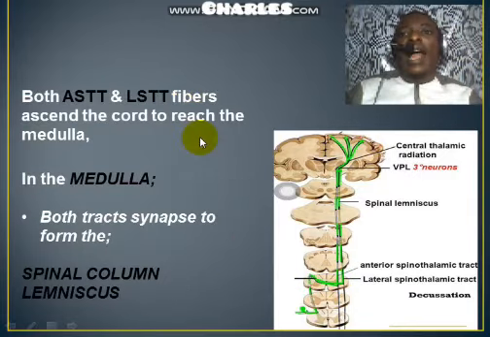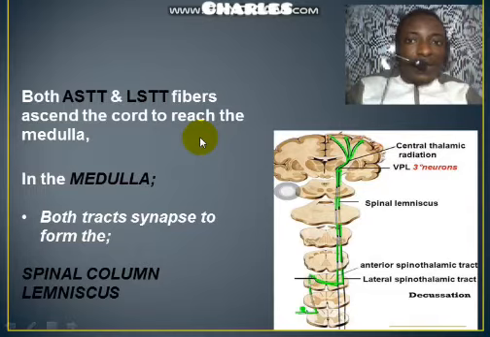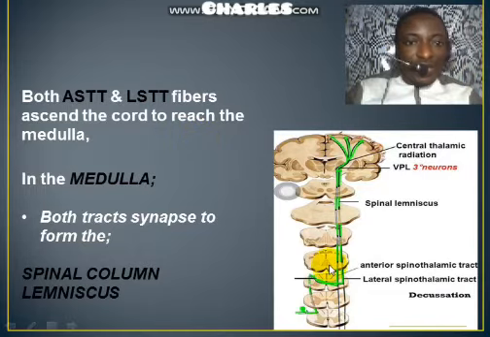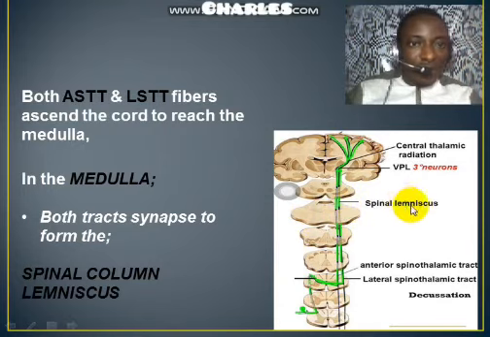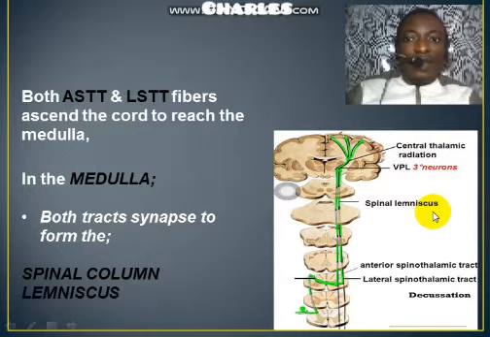Both the anterior spinothalamic tract and the lateral spinothalamic tract fibers ascend the cord to reach the medulla. In the medulla, both tracts synapse to form the spinal column lemniscal system. This is the spinal lemniscus. Hence the name spinal column lemniscal system.